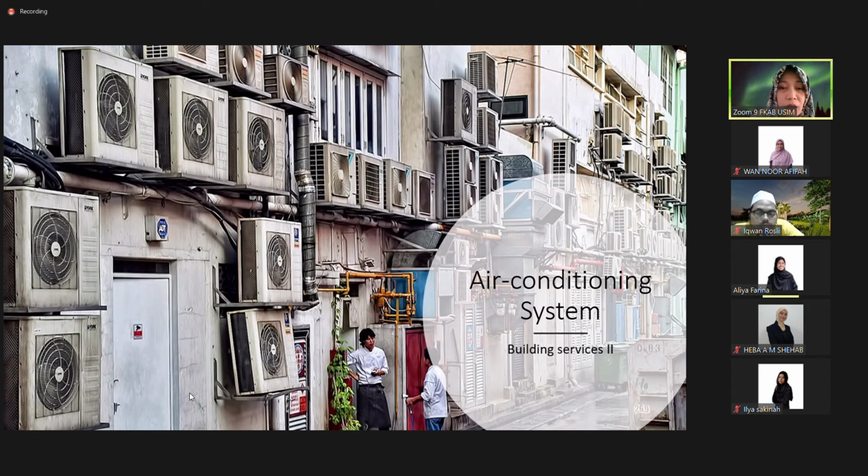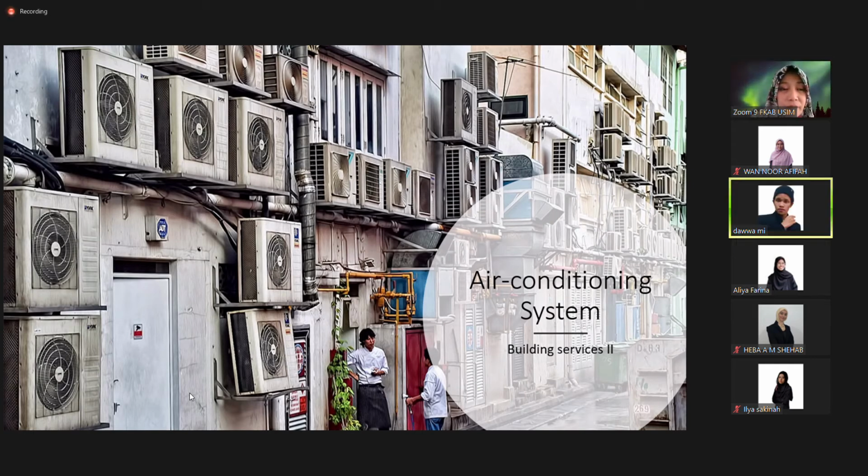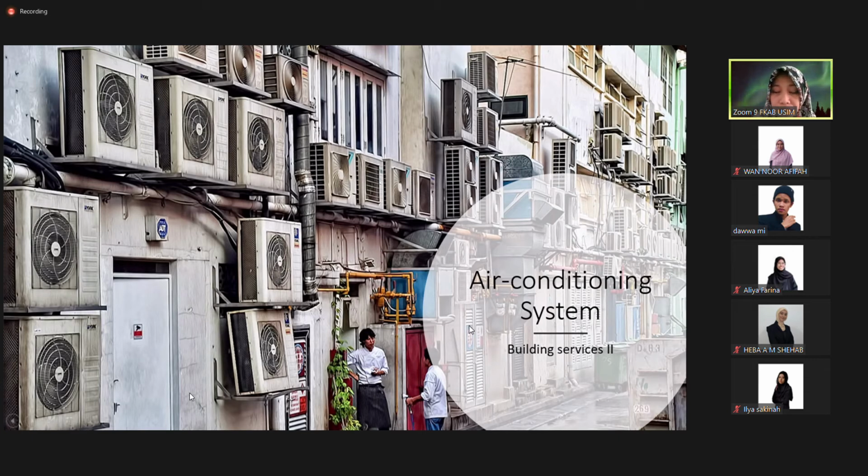Okay, Dawa. Yes, madam. So ni adalah apa? Yang you nampak sekarang adalah gambar apa? Compressor of the aircon. Saya nampak aircon lah. No, this is compressor. Compressor of the air conditioning system.